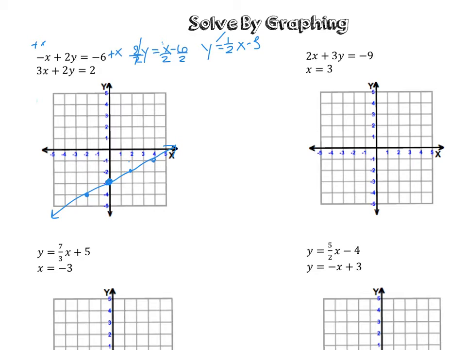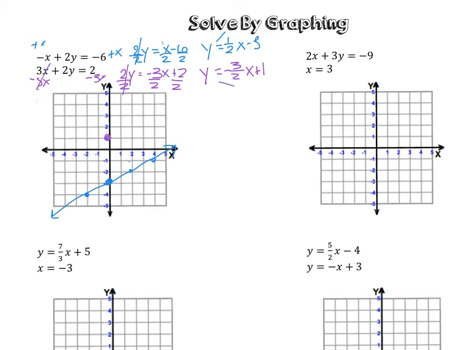So let's solve this one for y. Subtract 3x. So 2y equals -3x plus 2. Divide everything by 2. Y equals negative 3 over 2x plus 1. So we start at 1.